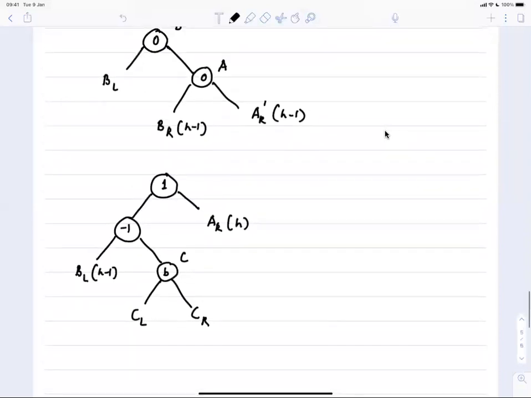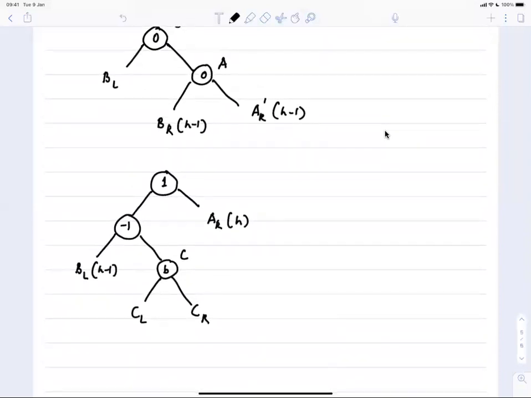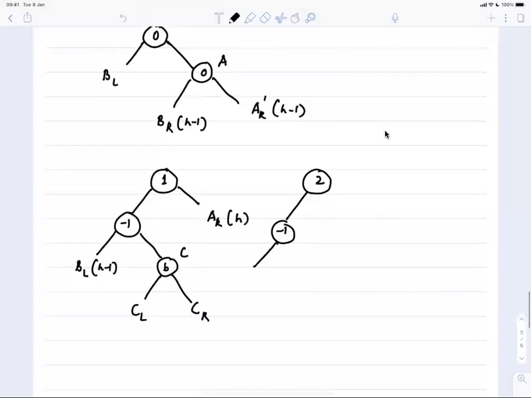Okay. So now what we're going to do is, let's say it becomes 2 because there's again a deletion on AR. B is -1 and BL is H minus 1, C has CL, CR, and this becomes AR prime of H minus 1.